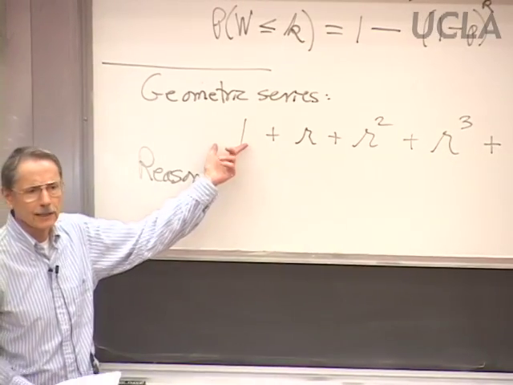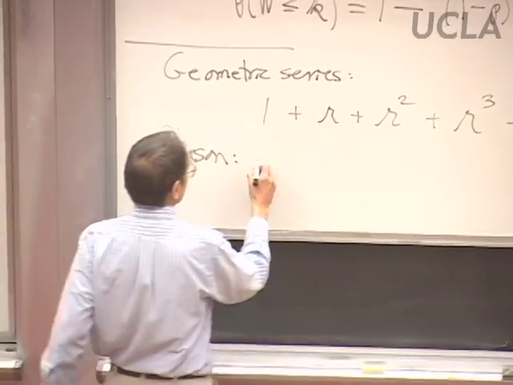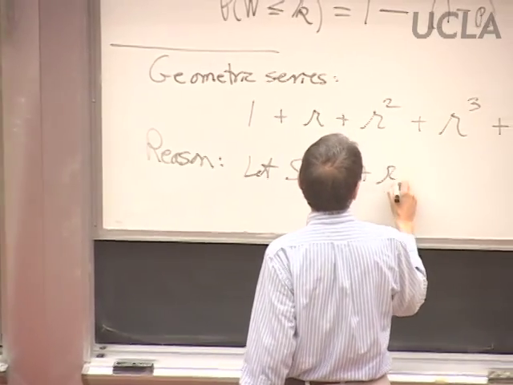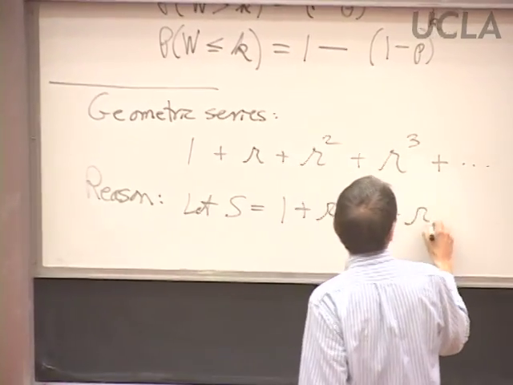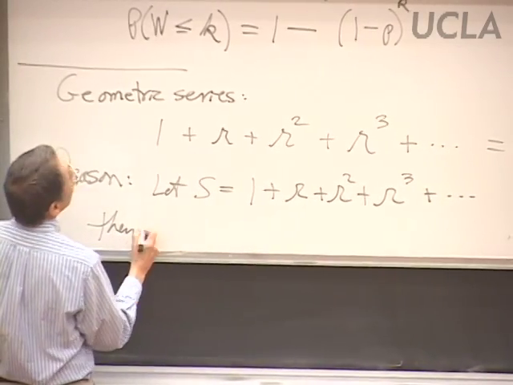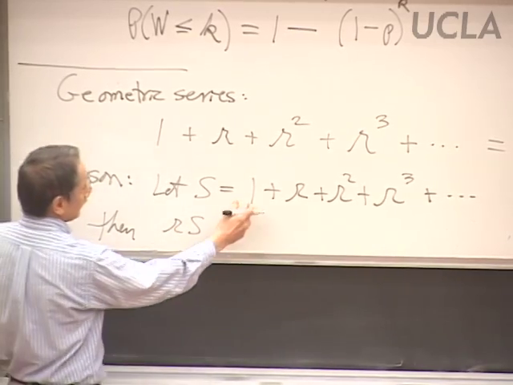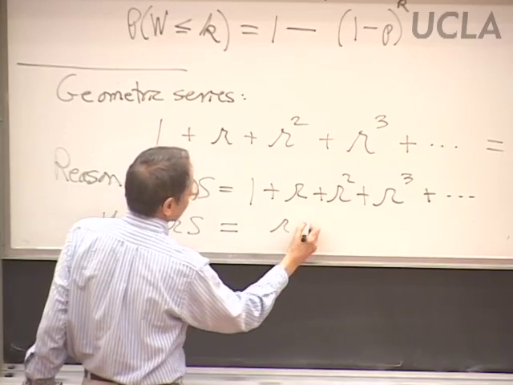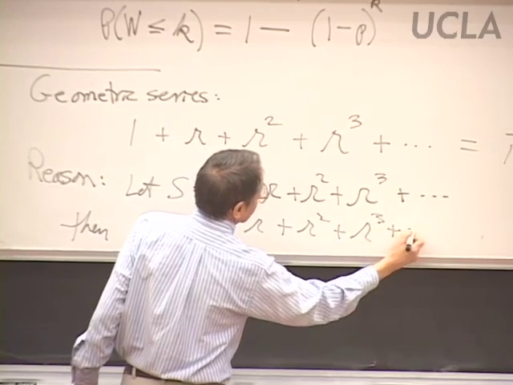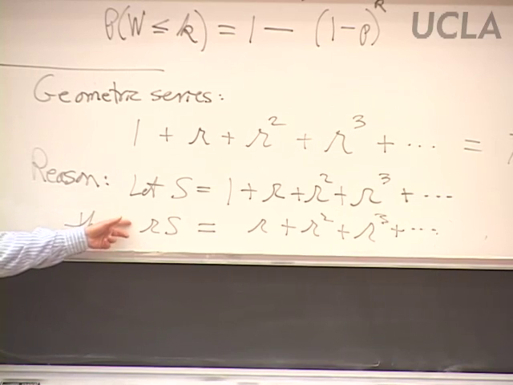And the reason that's the sum: suppose you're stuck on this desert island and you're trying to remember the sum for the geometric series. Here's how you can get it. Call this sum S. So then r times S would be, well, 1 times r, that's r, and r squared. Well, it looks a lot like the previous line, except without the 1.